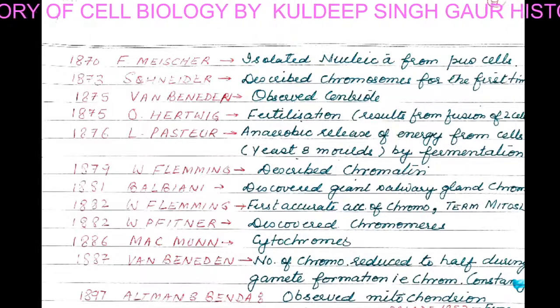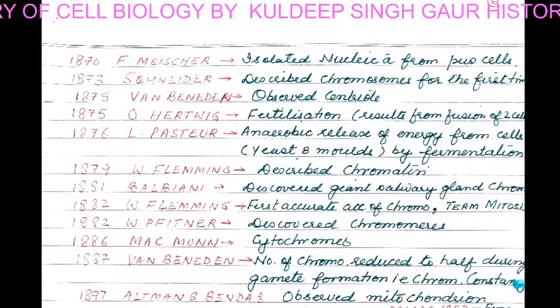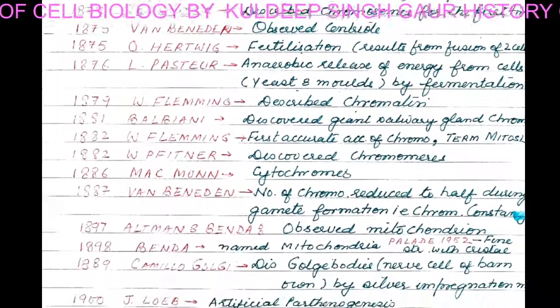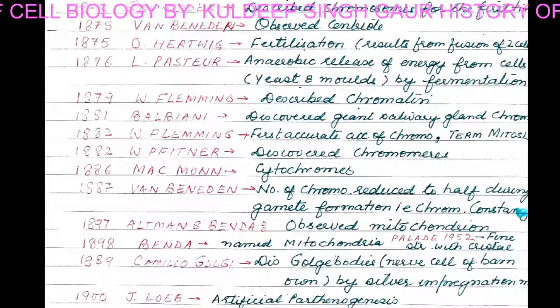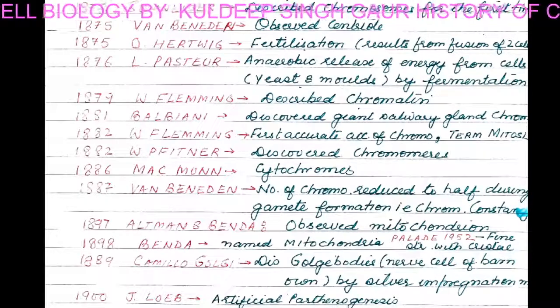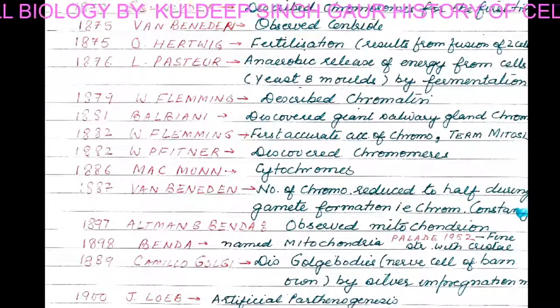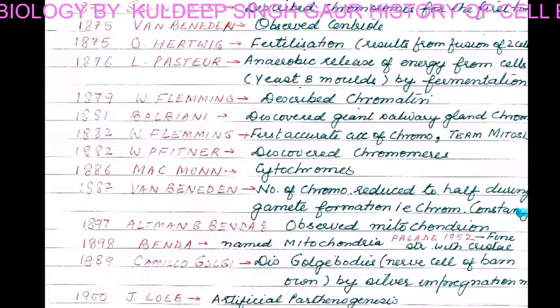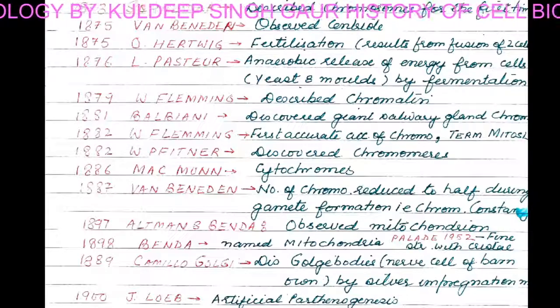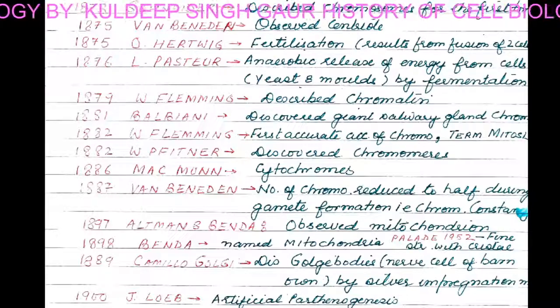1879, W. Fleming described chromatin. Chromatin is DNA associated with proteins. 1881, Balbiani discovered giant salivary chromosomes, which you call polytene chromosomes.